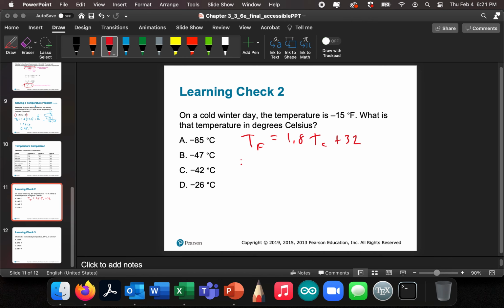So I know that T F minus 32 divided by 1.8 is T Celsius.